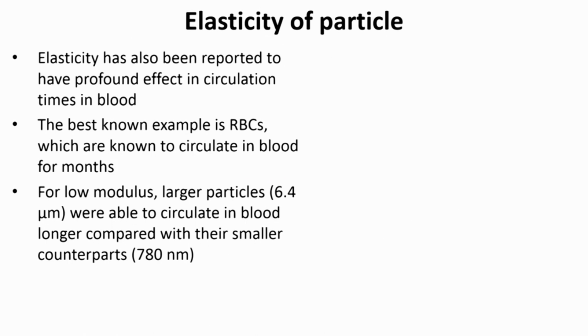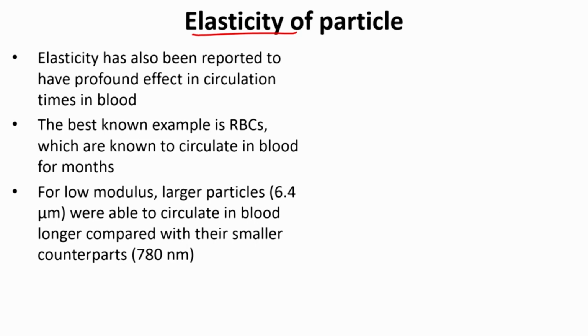Okay. So, the fourth property we are going to talk about is the elasticity of the particle, and this is again a fairly nascent field, not much has been done in this area, but more and more people are now starting to look at the mechanical properties of the particles that they are using. So, again elasticity has been reported to have a profound effect on how much the particle circulates in blood.